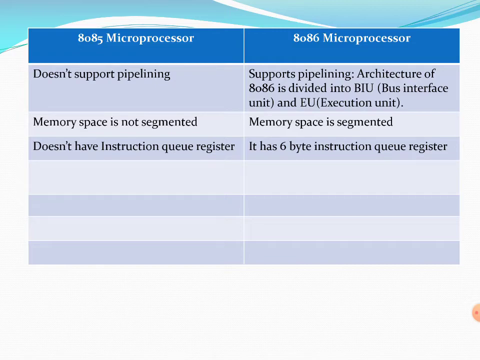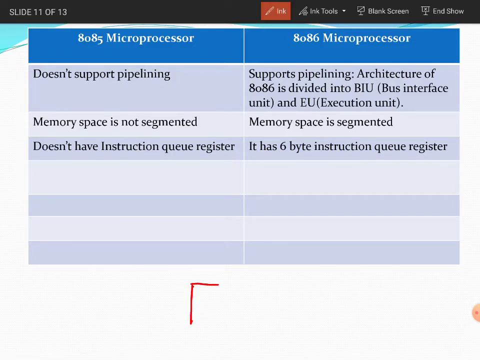If you see the architecture, the 8085 microprocessor does not have any instruction queue register, whereas the 8086 microprocessor has a 6-byte instruction queue register.